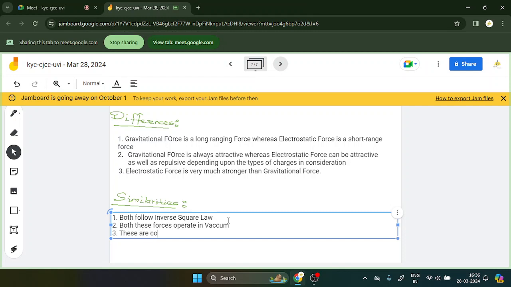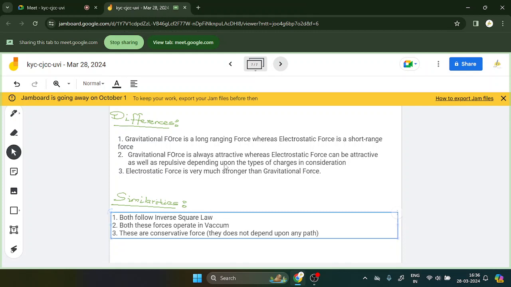What do I mean by conservative forces? They do not depend upon any path. I will tell you more about the conservative forces when we discuss the work, energy and power chapter. There will be numericals based upon this concept. So these are called the conservative forces. Clear?